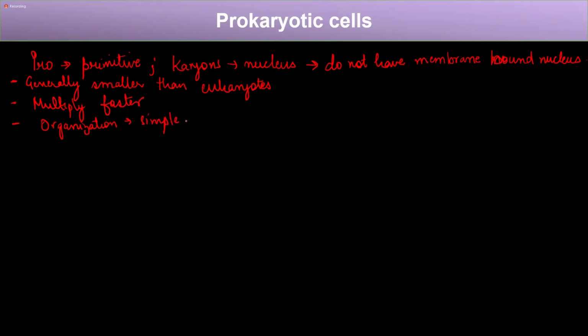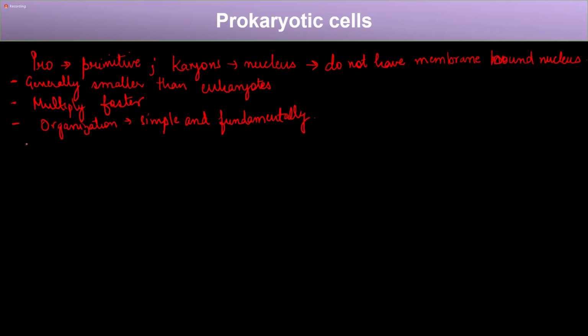So they have a simple organization and are fundamentally similar, which means these cells have almost similar structure. However, based on shape they are further categorized, which we will discuss later.